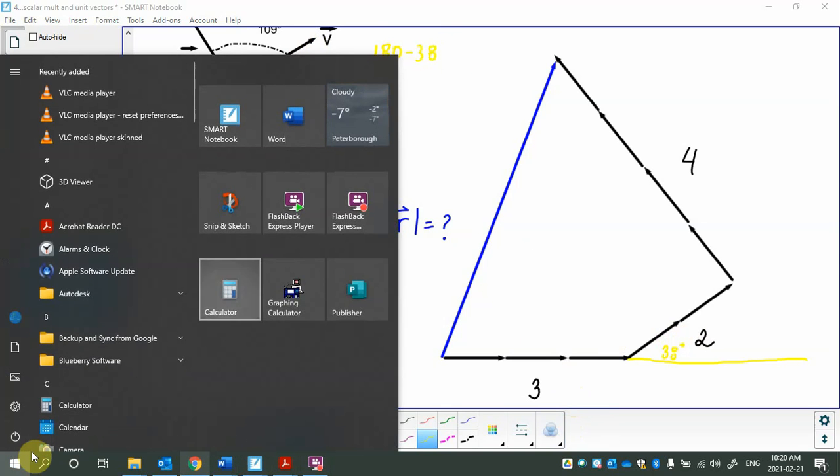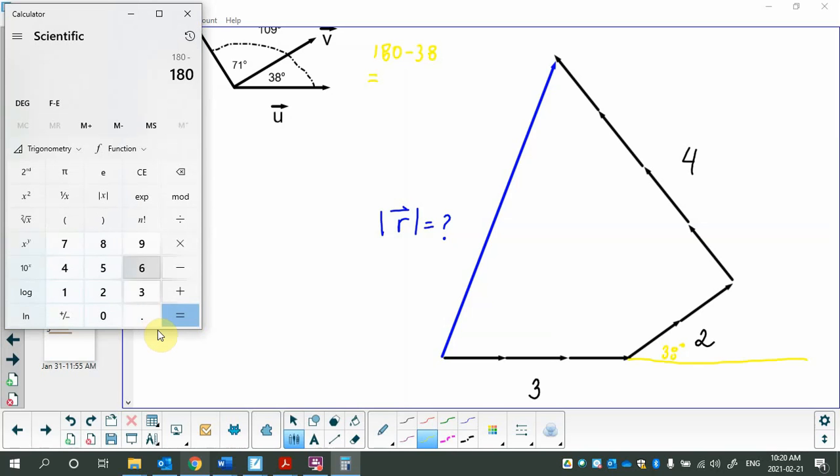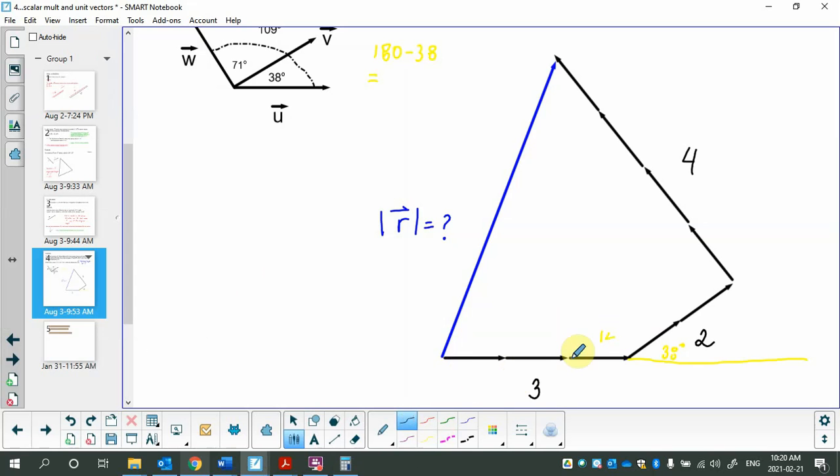Don't judge, it's Sunday morning. 180 minus 38, 142. And that's the number I'm after.